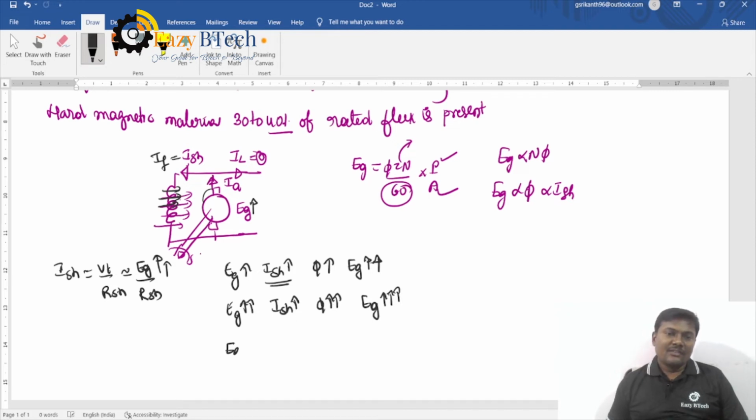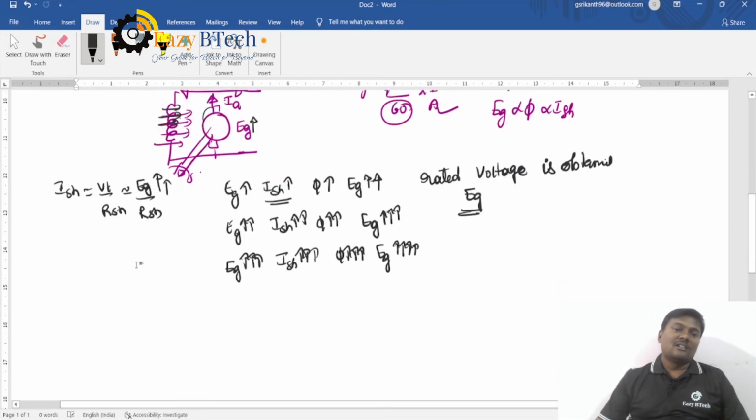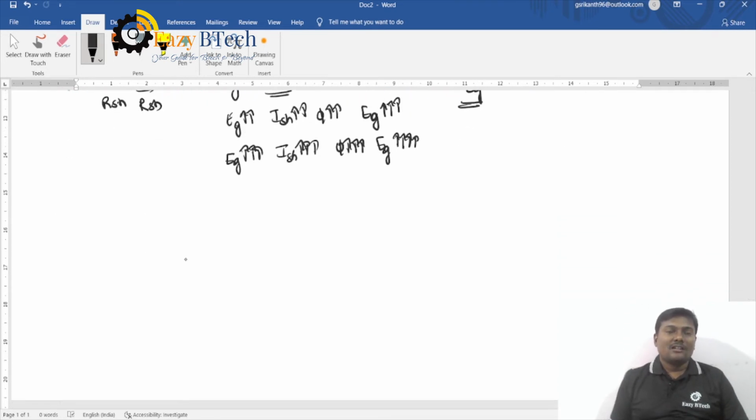This process will continue until the rated voltage is obtained, that is Eg naught.